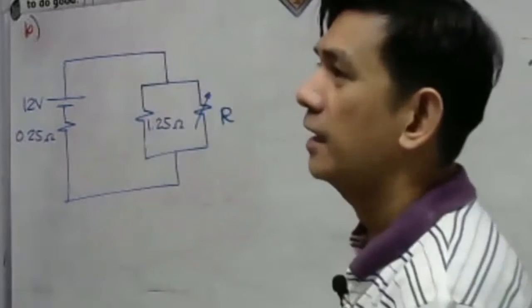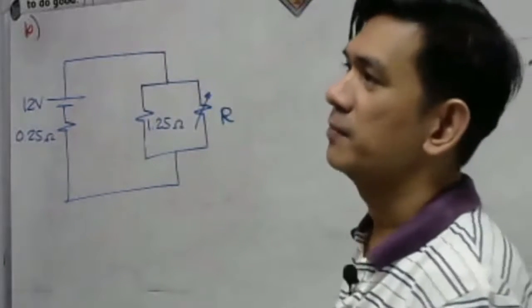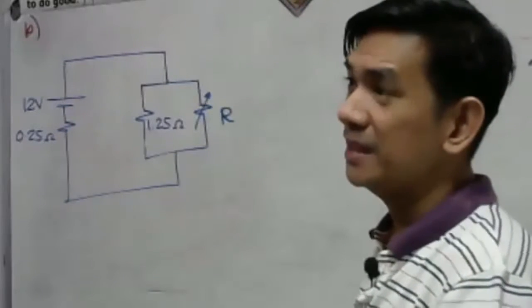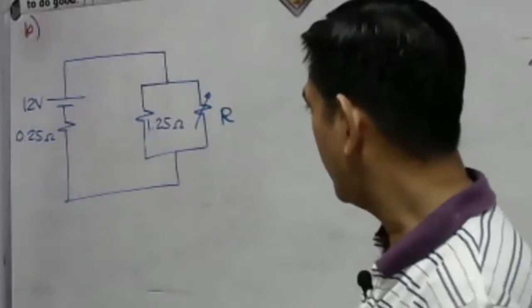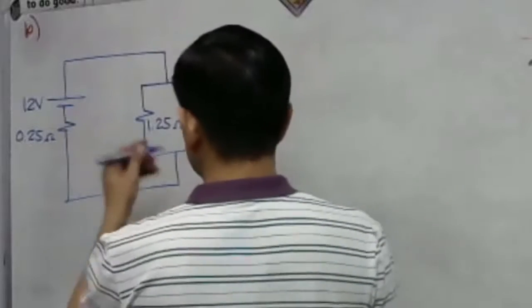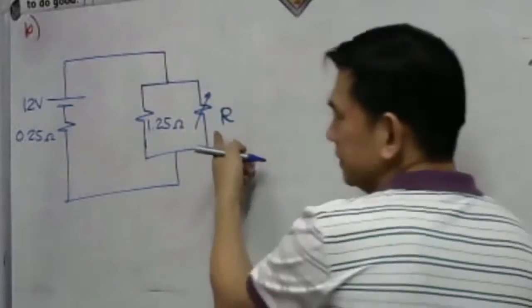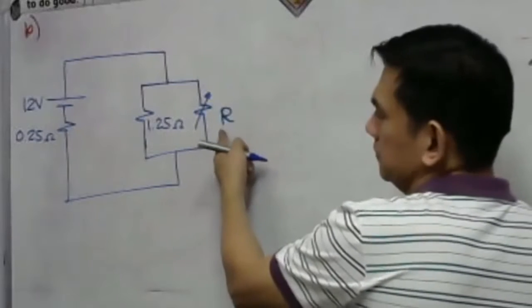That is our internal resistance of the battery. Solve for the maximum power that can be delivered to resistor R. What is the maximum power to our resistor R here? So ano ang maximum power dito?